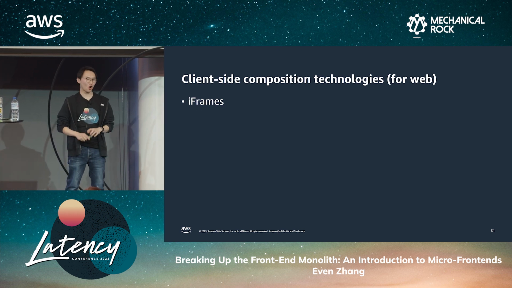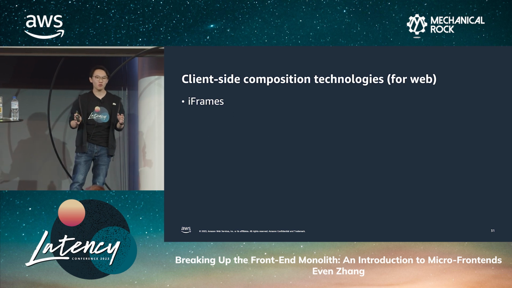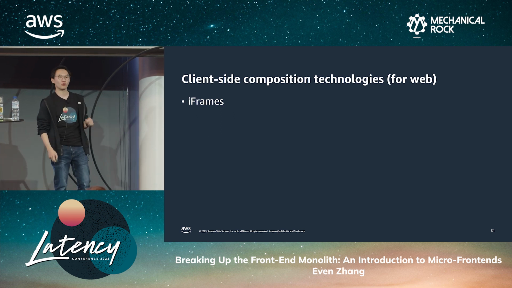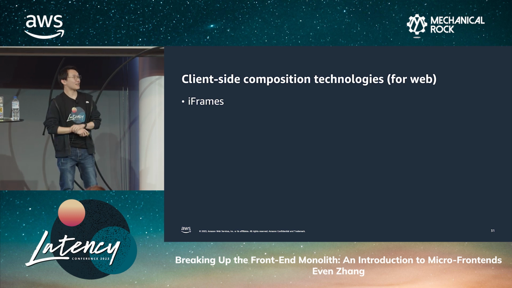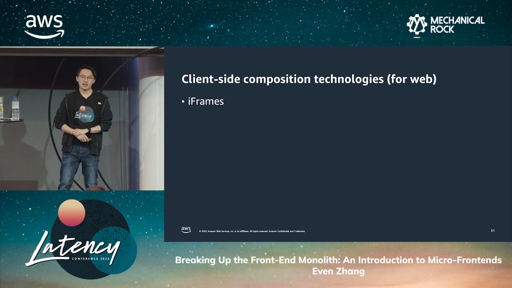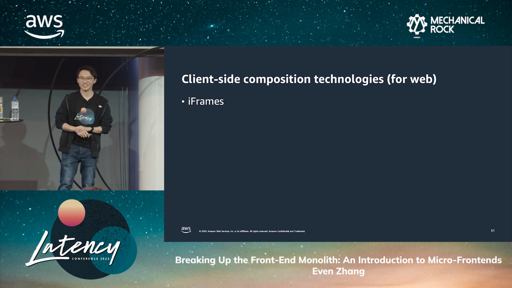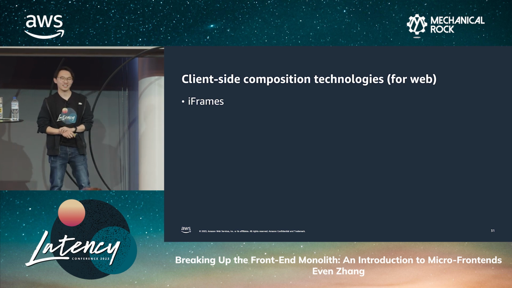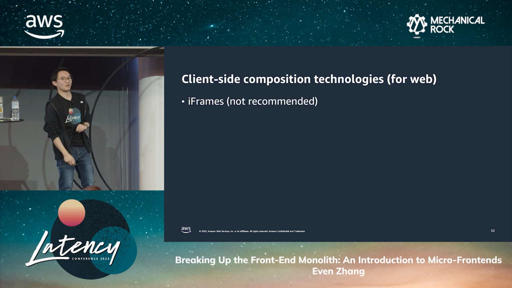Not only does it come with all the goodness of containers, letting you run your web app anywhere you want, it will also come with all the security loopholes that you miss. That being said, iframes is definitely one solution that you can use to compose micro front ends. It may not be the prettiest. You may feel a little bit dirty using it, but it still works. But no, I don't recommend it.